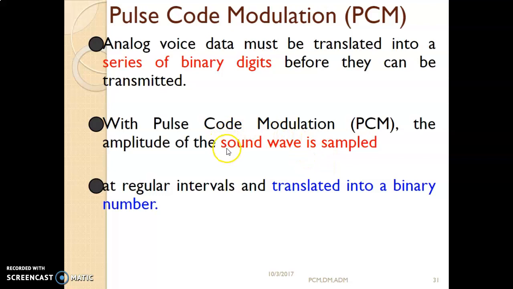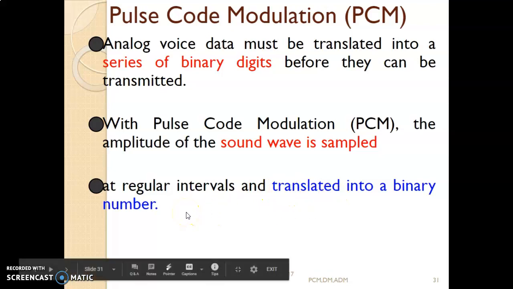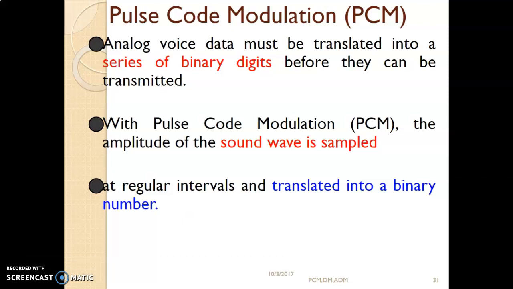So the sound wave we are considering as the analog signal. With PCM, the amplitude of the sound wave is sampled at a regular interval and then it is translated into a binary number.